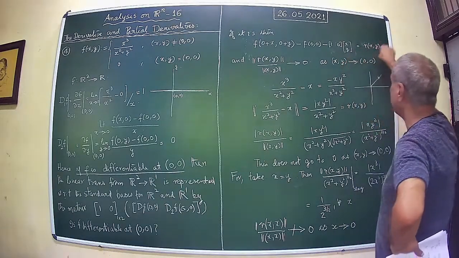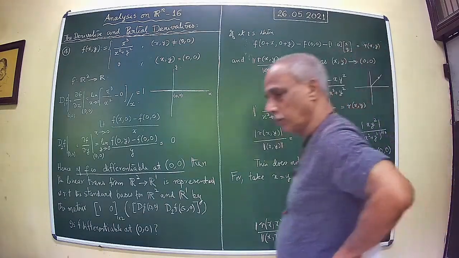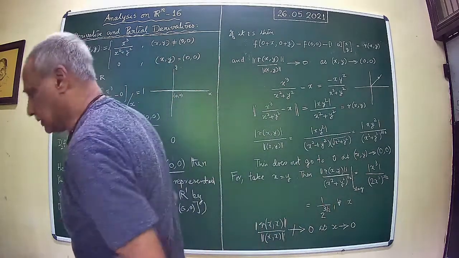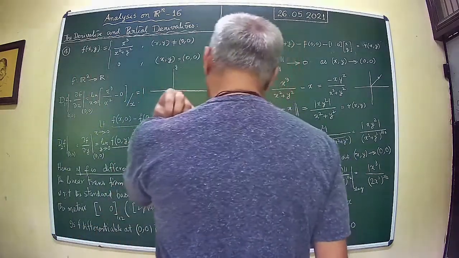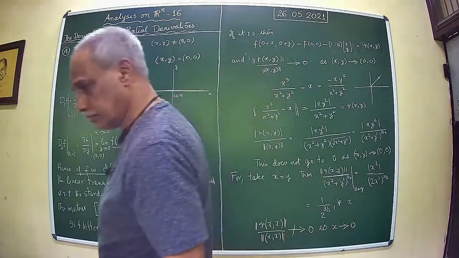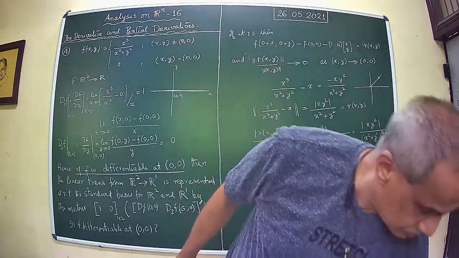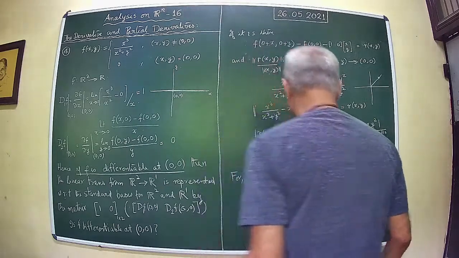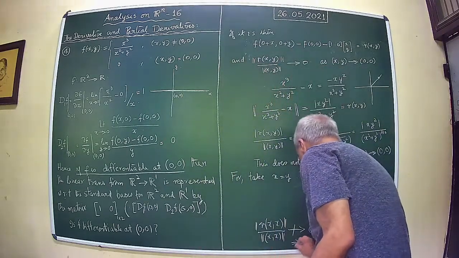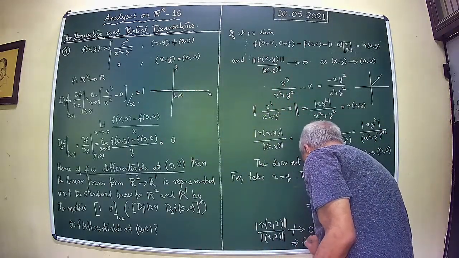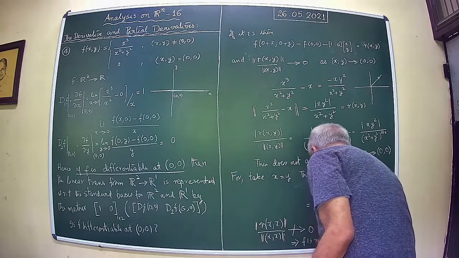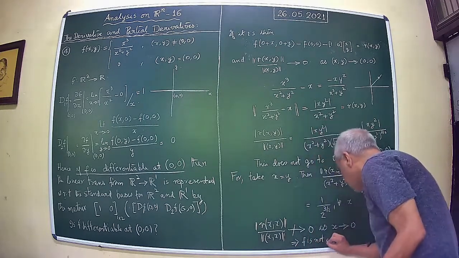This has to have this particular property, so this is not the derivative. So the derivative does not exist. Not differentiable.